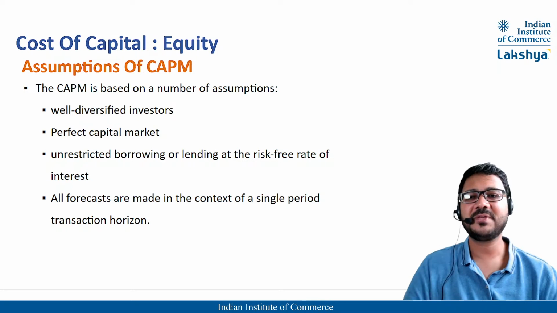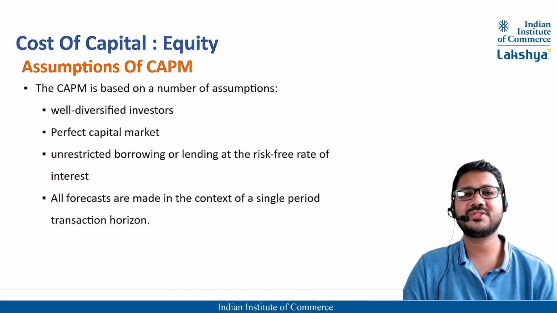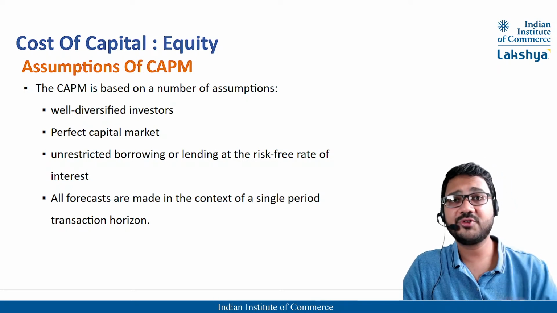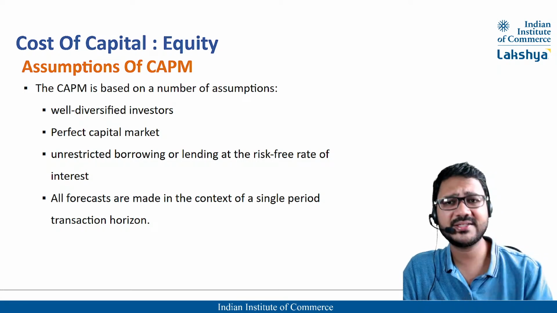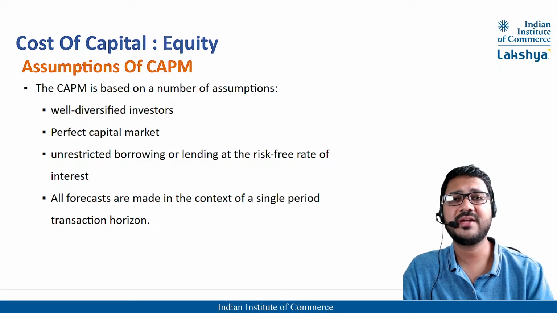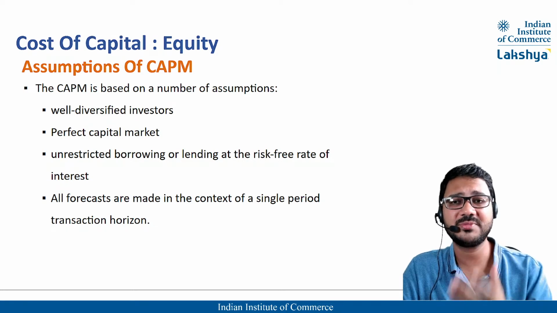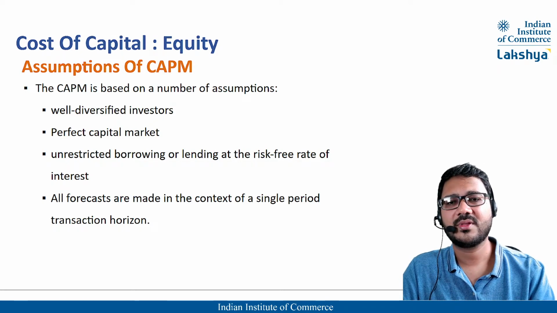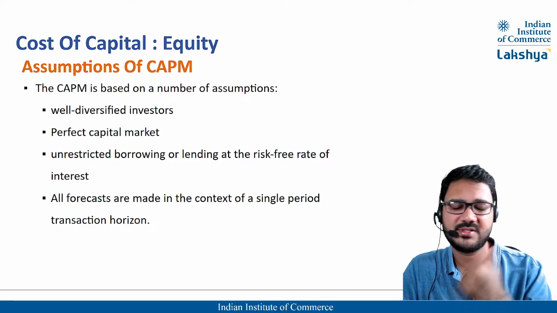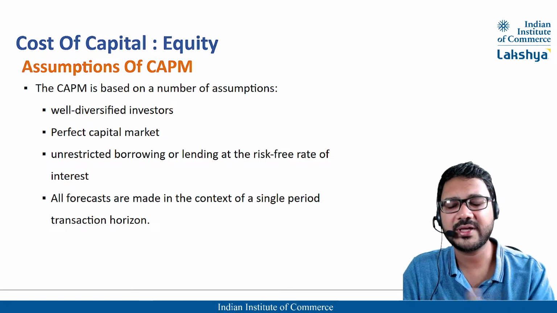Okay, CAPM is based on a number of assumptions. If you remember, in yesterday's session, we discussed that we need to list down the assumptions being made when you are calculating your NPV. Say there is a report you need to write.